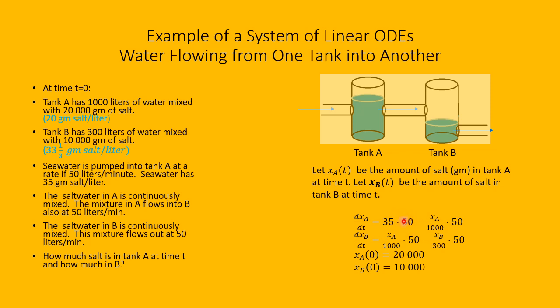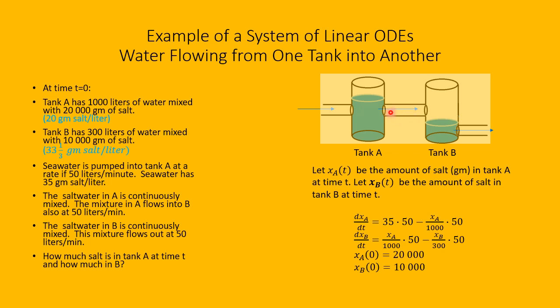We're looking at the rate of change of salt in tank A with respect to time. So salt is entering the tank this way. It's entering at 50 liters per minute, and the salt water has 35 grams of salt per liter. So the rate that salt enters the tank through this pipe is the concentration of seawater salt times the flow rate.